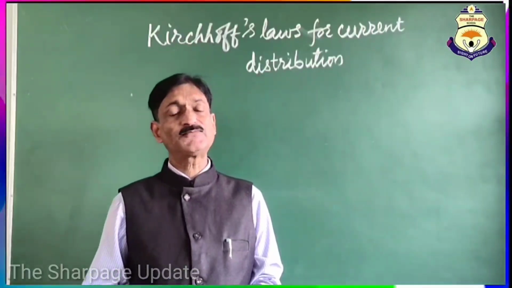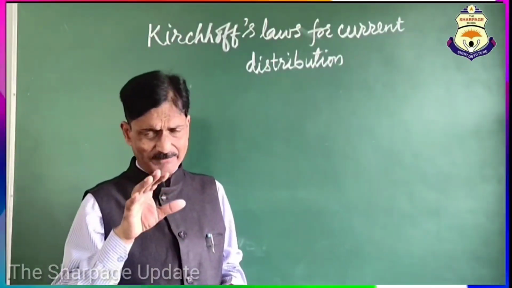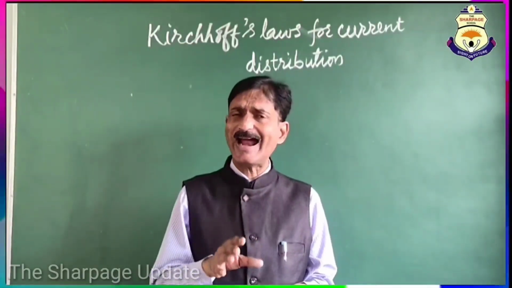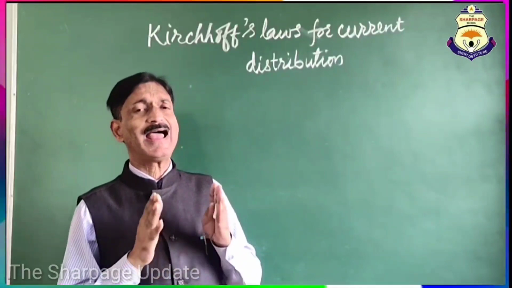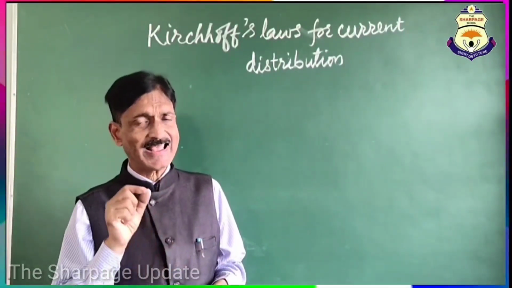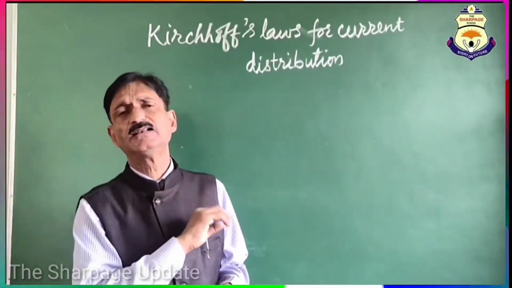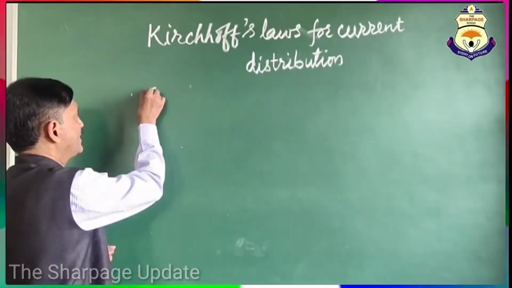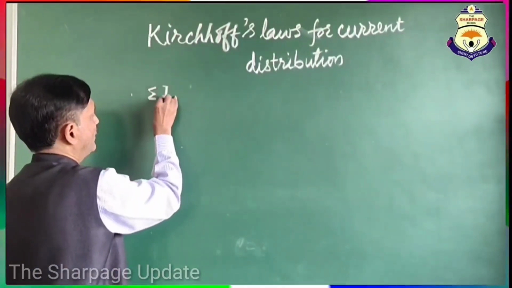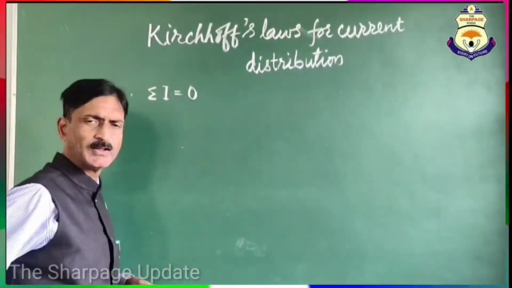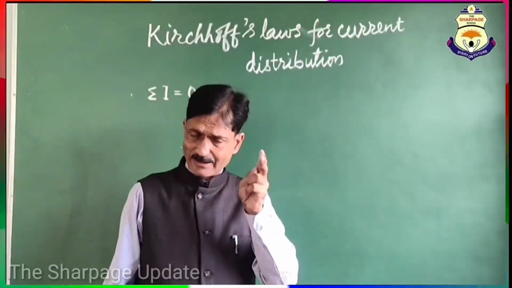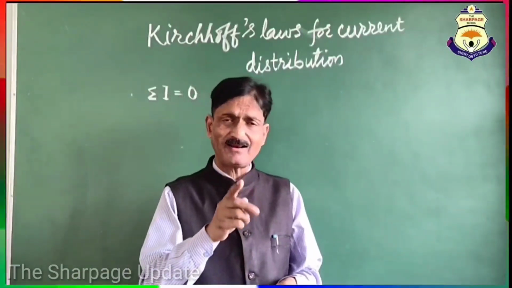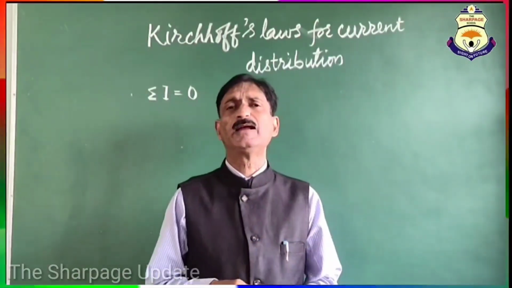According to Kirchhoff's current law, the algebraic sum of all the currents meeting at any junction in an electrical circuit is always equal to 0. In mathematical language, we can say that sigma I equals 0.